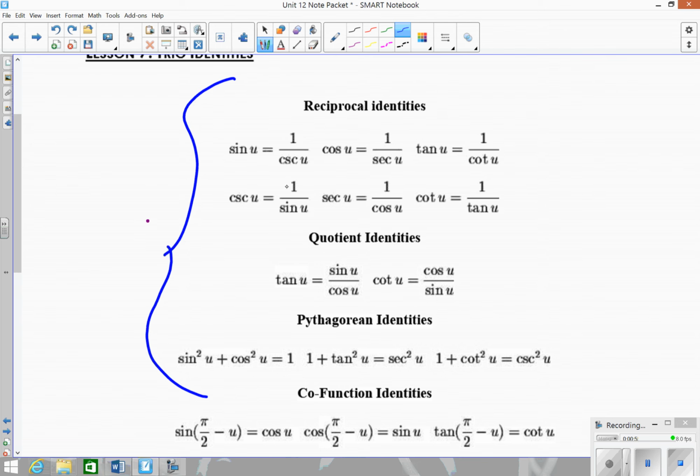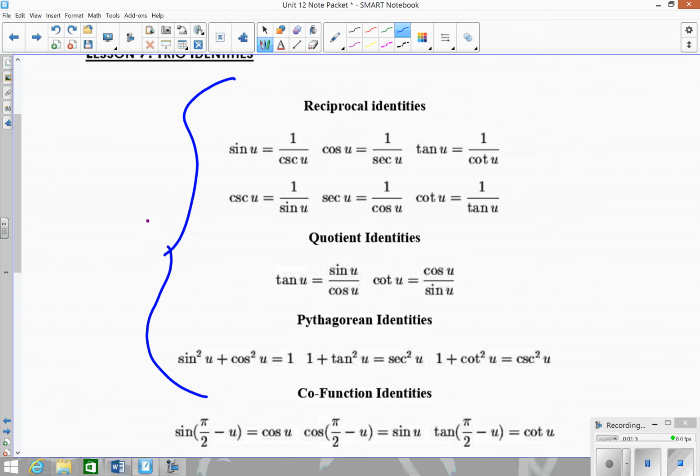The next set is basically just flipping these. See how cosecant is the same thing as 1 over sine, secant is the same thing as 1 over cosine, cotangent is the same thing as 1 over tan. So they basically just flipped. Those are the reciprocal identities.